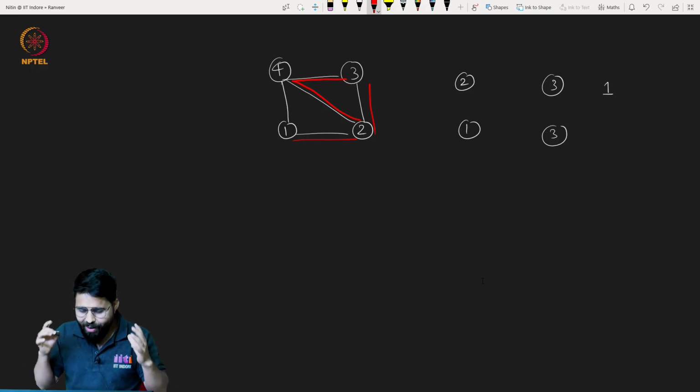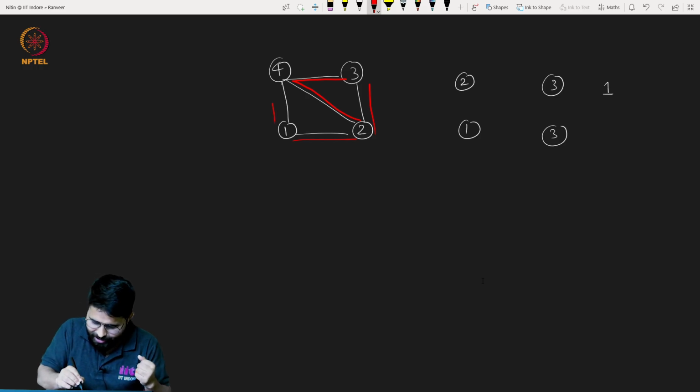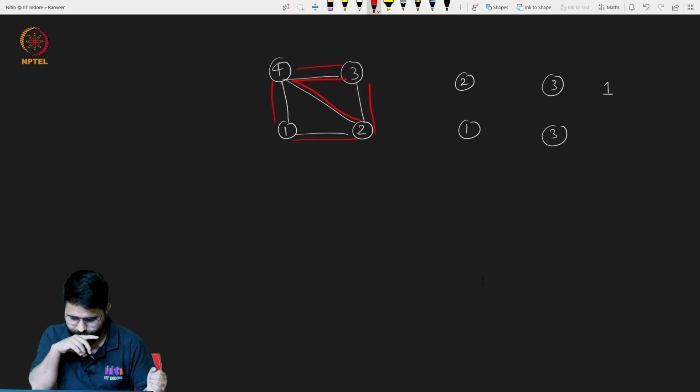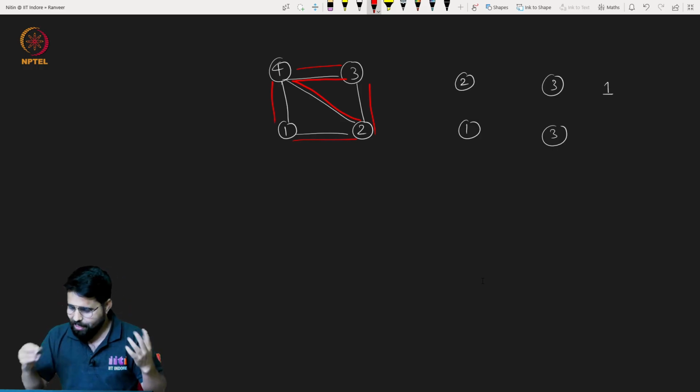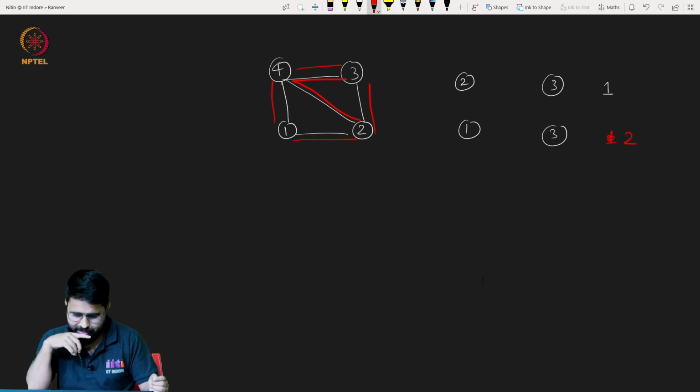I deliberately want a walk which is not a path. Another one is this one, so that is 2. Is there anything else? No. So this is 2. Both of these possible ways are of length 2, and both are paths basically.